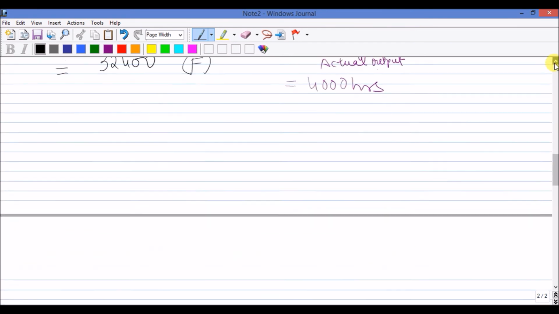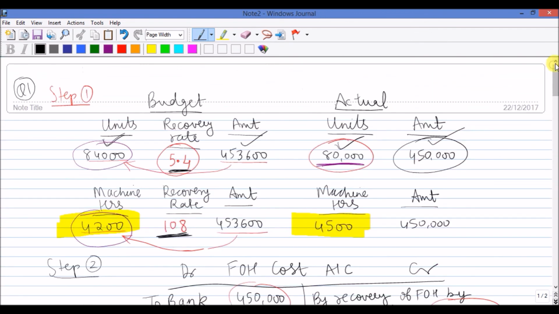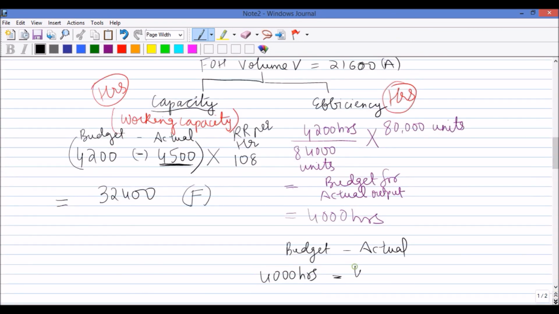Now budget and actual. I should have taken 4,000 hours to make this particular output, and in real I have taken 4,500 hours. This is bad, friends. This is the working capacity, and this is working capacity related to efficiency.